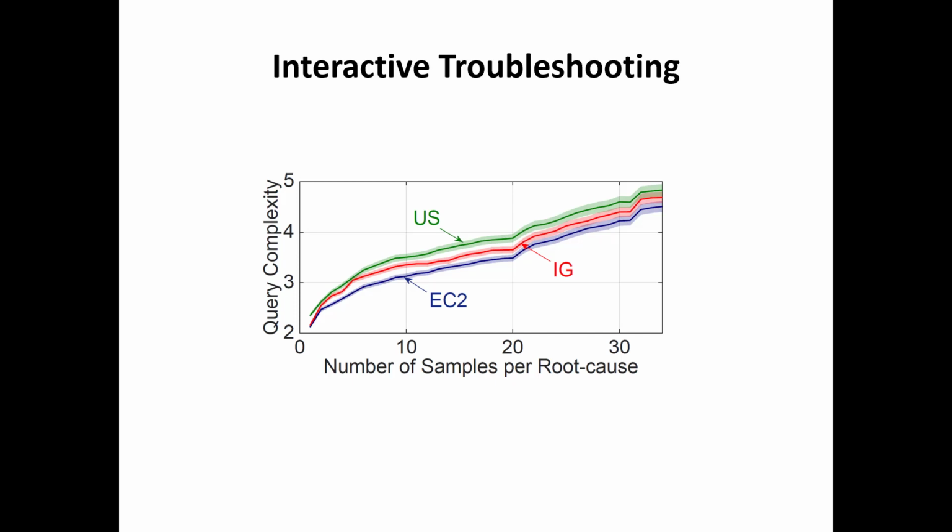And we observe that EC2 is more efficient compared to the alternatives. So EC2 enables us to find the decision region with less complexity or less interactions and questions.